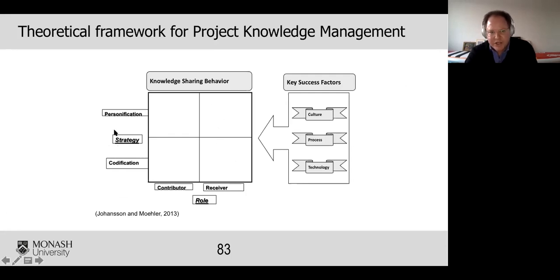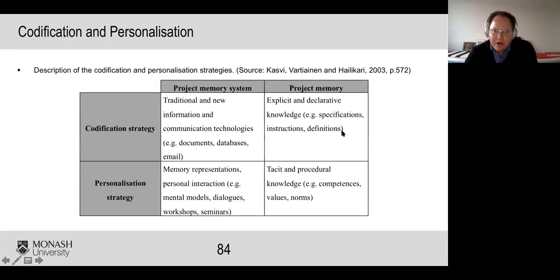So our measures were knowledge sharing behavior. We had a codification strategy, that is how we write things down, right? And then we have the project memory system and the project memory. So what's the difference here? Codification, for example, was traditional and new information and communication technologies: documents, databases, emails. And then the memory was explicit declarative knowledge, so maybe specifications, instructions, definitions.